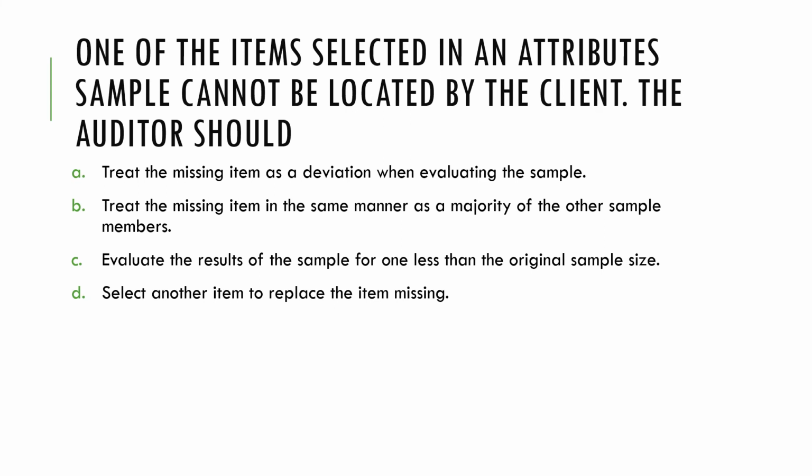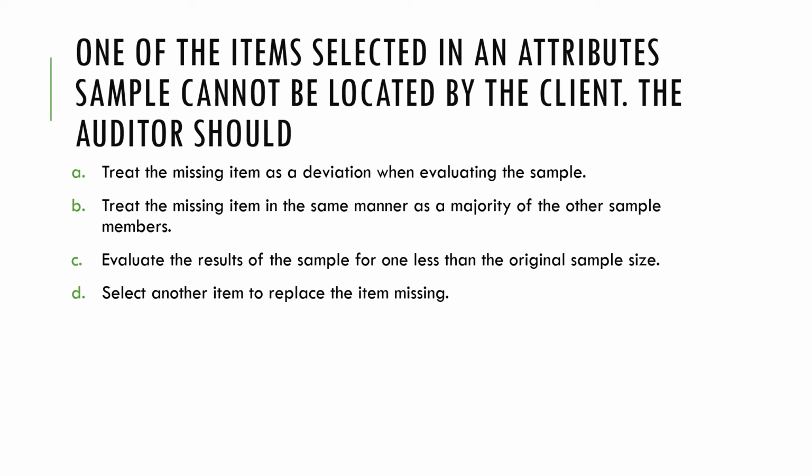One of the items selected in an attribute sample cannot be located by the client. What do we do with missing items? The auditor should treat the missing item as a deviation when evaluating the sample, or B, treat the missing item in the same manner as a majority of the other sample members or sampling units, or letter C, evaluate the result of the sample for one less than the original sample size, meaning to say you will deduct that one missing item from the sample size, or select another item to replace the missing item.